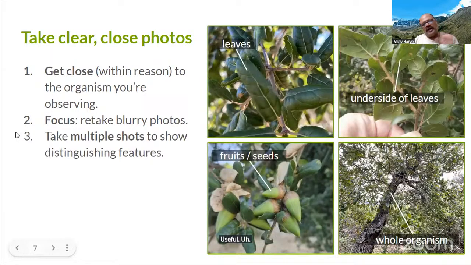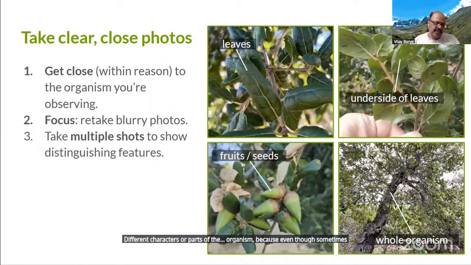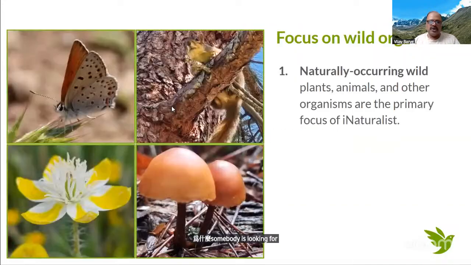Also try to show different characters or parts of the organism, because even though sometimes you don't know what it is, multiple angles always help the experts, the people who know about the organism, to distinguish between sometimes closely related species. So take multiple shots.